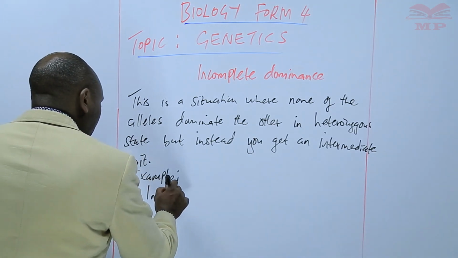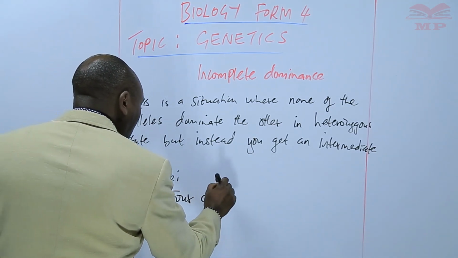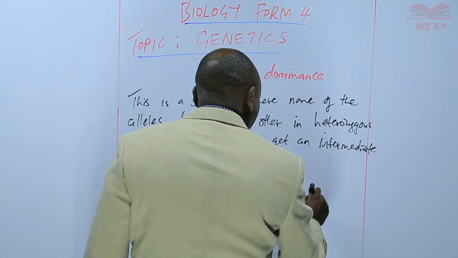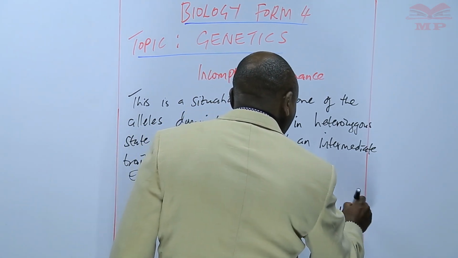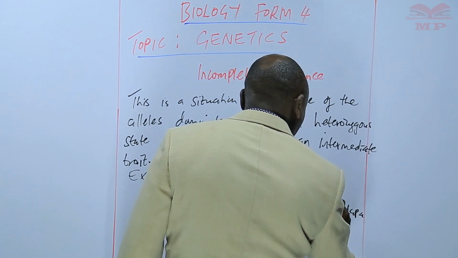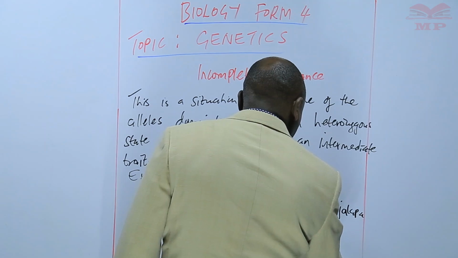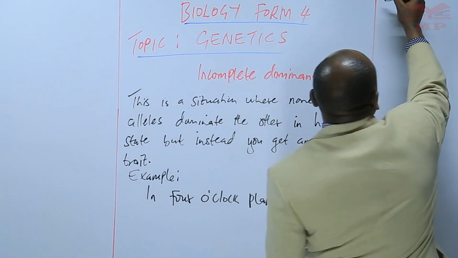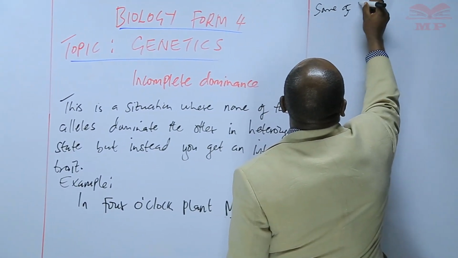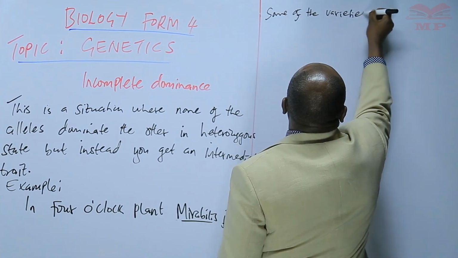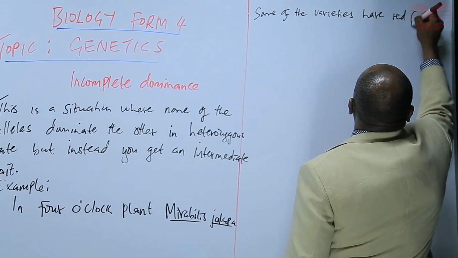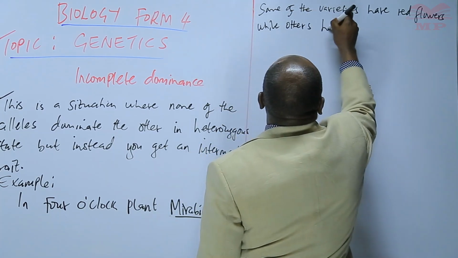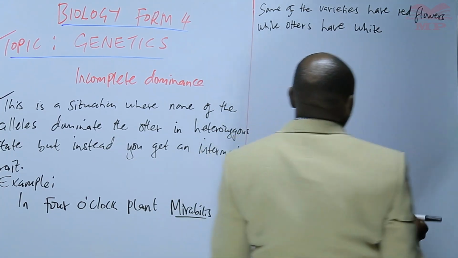In the 4 o'clock plant, also known as Mirabilis jalapa, that's a scientific name, so we underline Mirabilis jalapa, some of the varieties have red flowers, while others have white flowers.